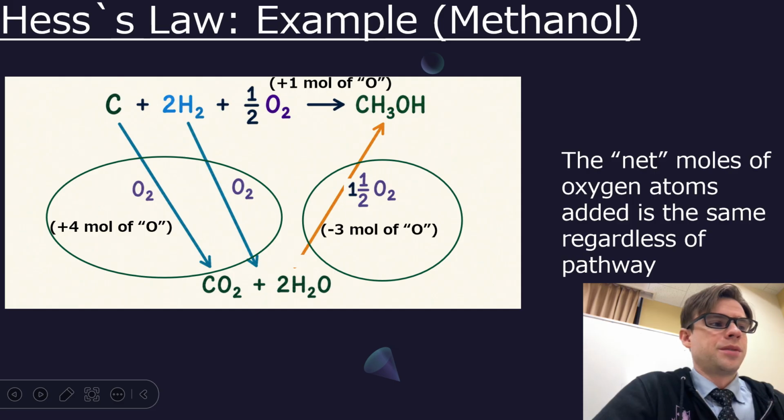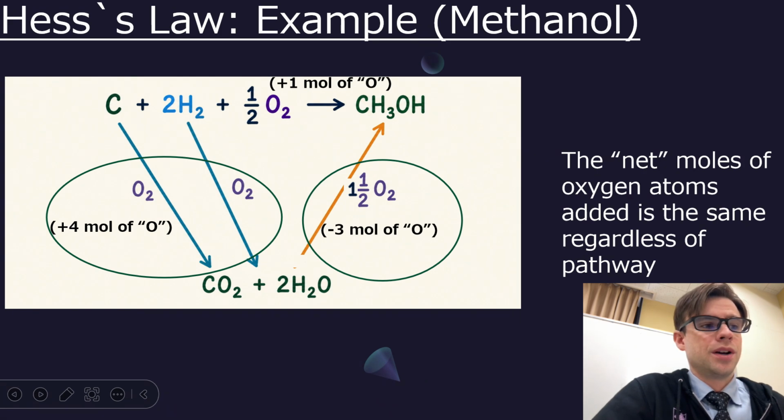But if you check the alternate pathways, first you could combust carbon and combust hydrogen separately to make CO2 and H2O. In that case, you're adding 1 O2 to each, that's 4 moles of O in total. And then if you want to go to methanol from there, you need to remove several oxygens.